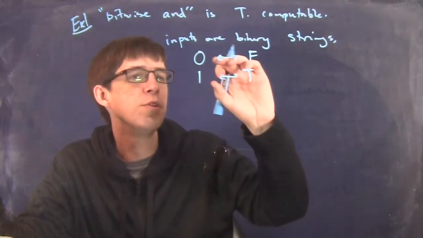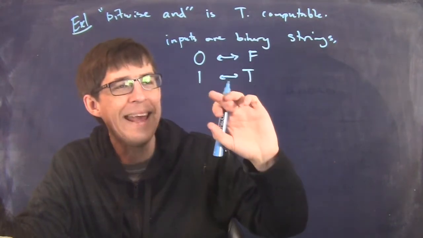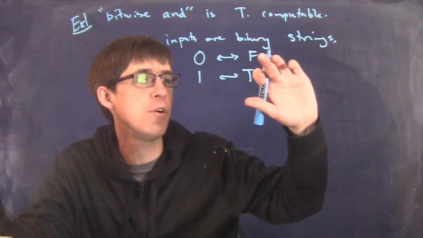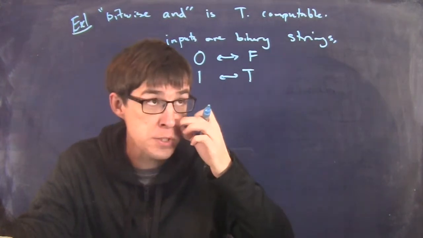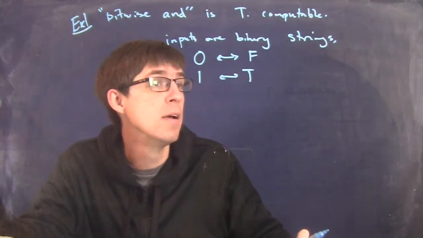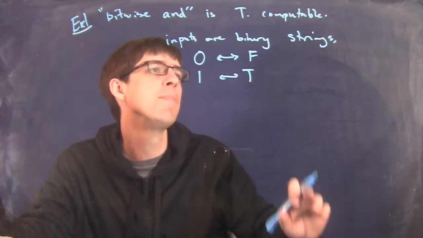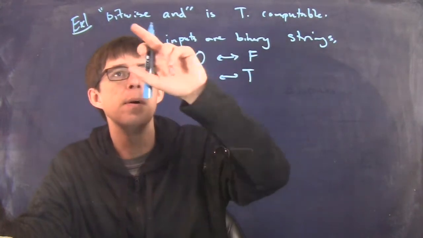So when you do something like 0 and 1, the answer will be 0. That's because logically, if you do the and operation on false and true, you get false. And is only true when both of the things are true. So this is why it's called and.